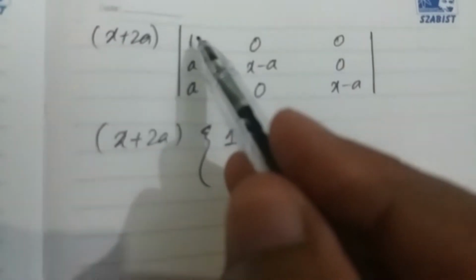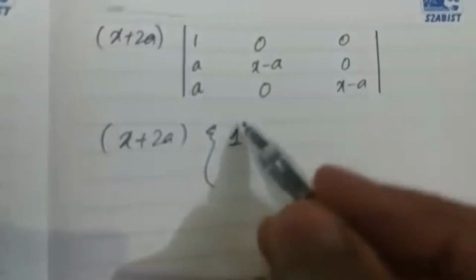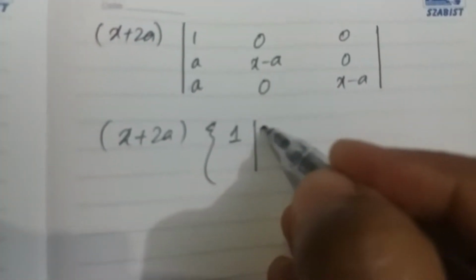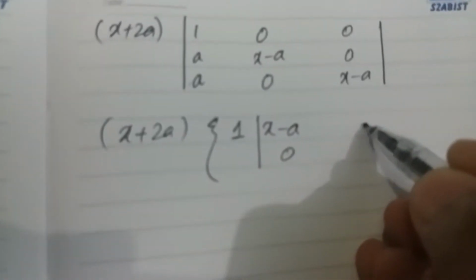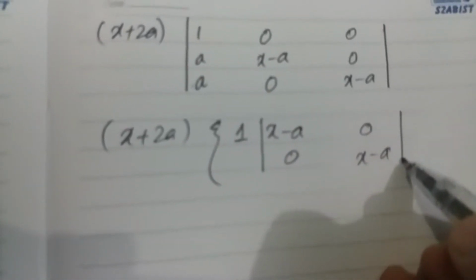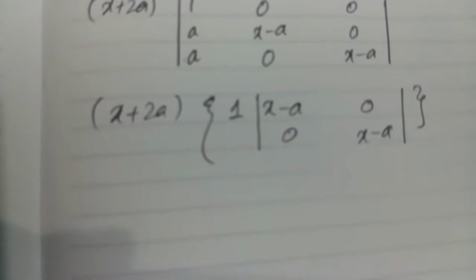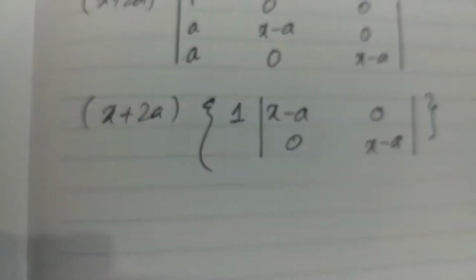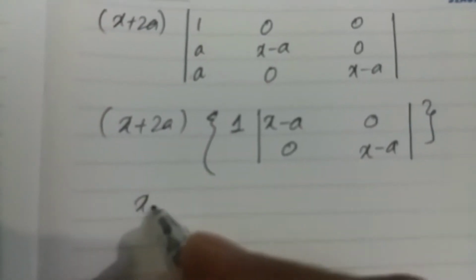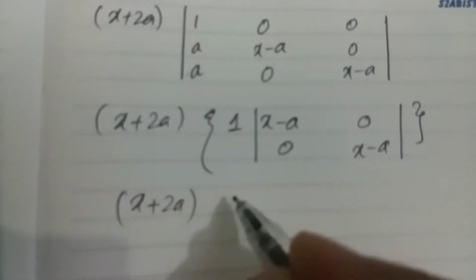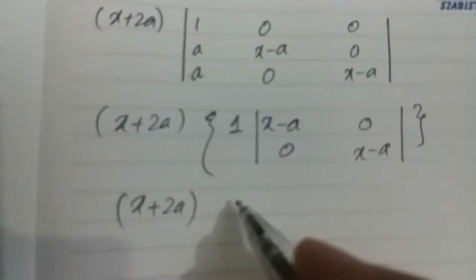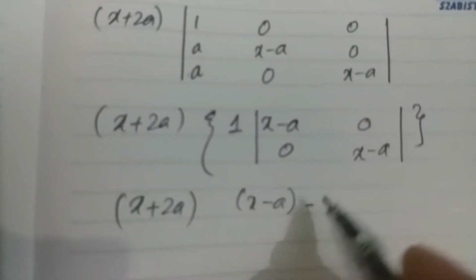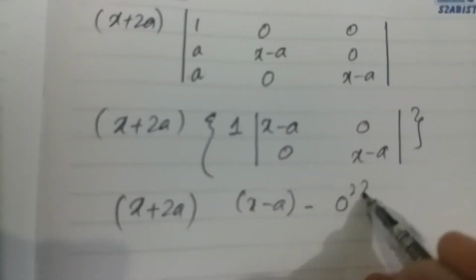That will be 1. Omit the first column and first row, then we will get X minus A, 0, 0, X minus A. And then furthermore, X plus 2A and X minus A multiplied with X minus A, minus 0 multiplied by 0, which is 0 squared.